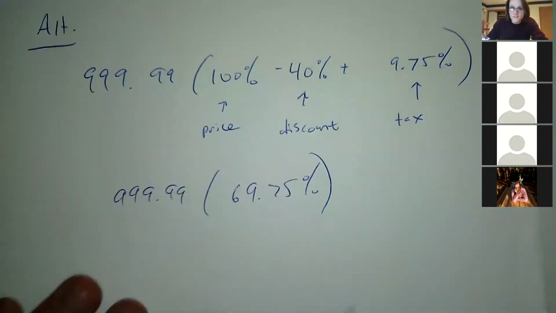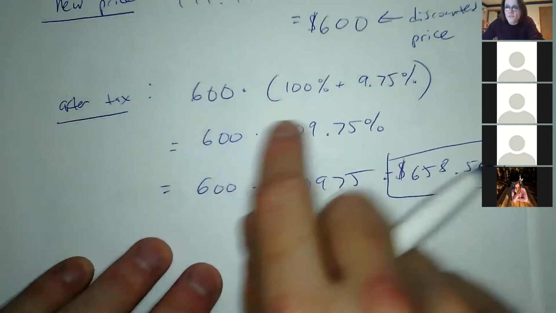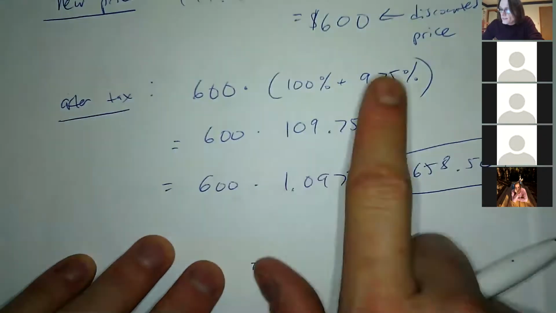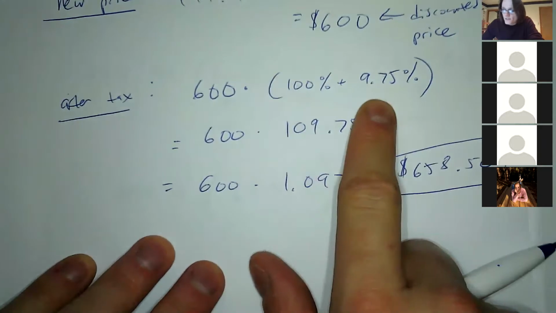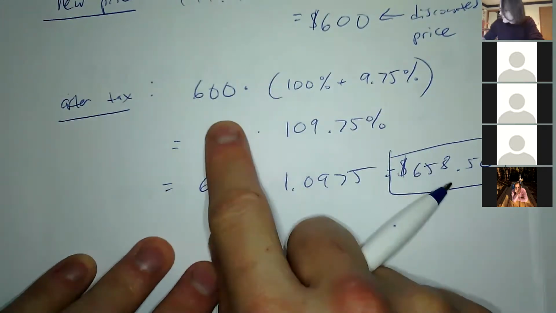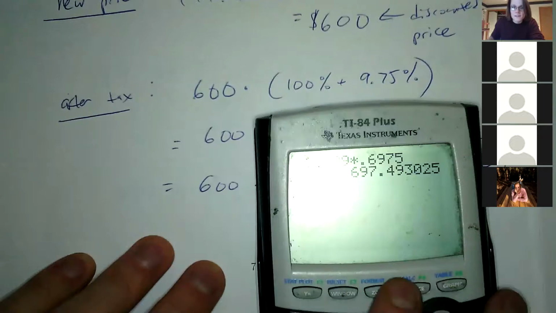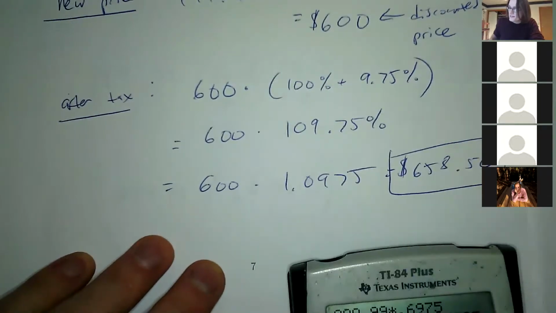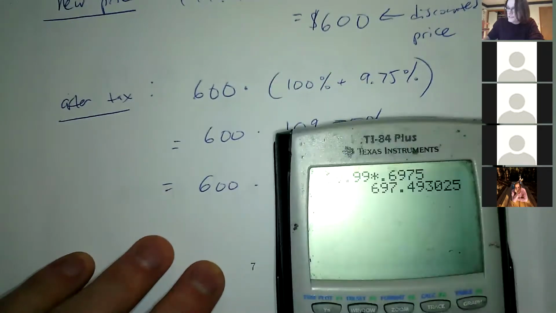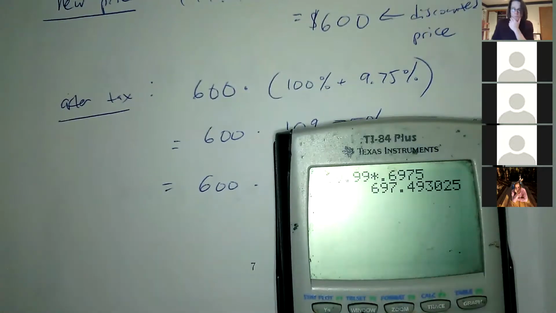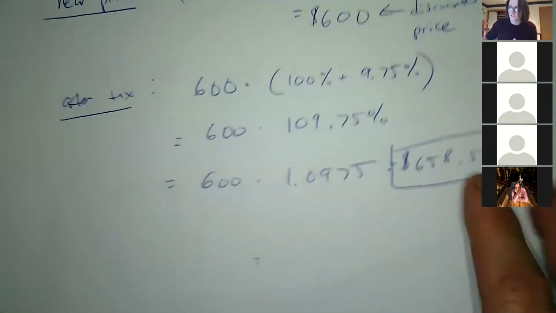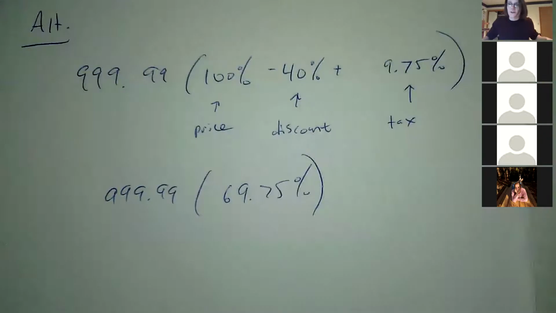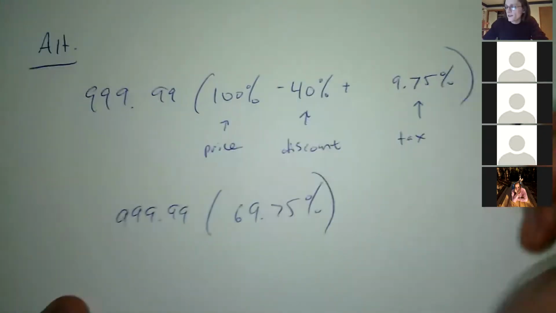In contrast, when I do it after the discount, my 9.75% is referencing the 600. That's why I expected to get 568 or 658, but instead I got 697. So you've got to be careful, like I wasn't. I tried to get ahead of myself. All right, anyways, this doesn't work.